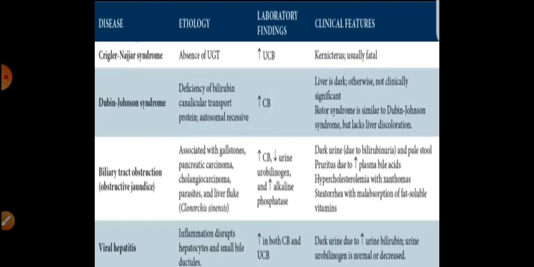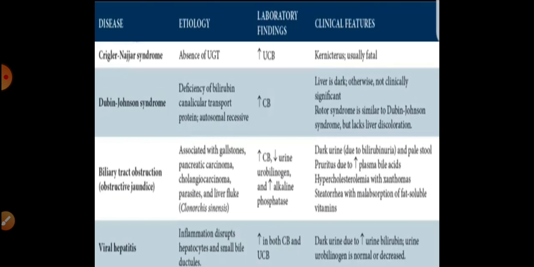And there will be decrease or absence of urobilinogen in the urine. So, if urobilinogen is present in the urine, it is never because of obstructive jaundice. In obstructive jaundice, urobilinogen is absent in the urine.